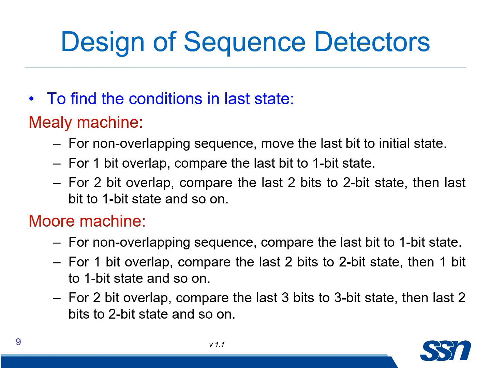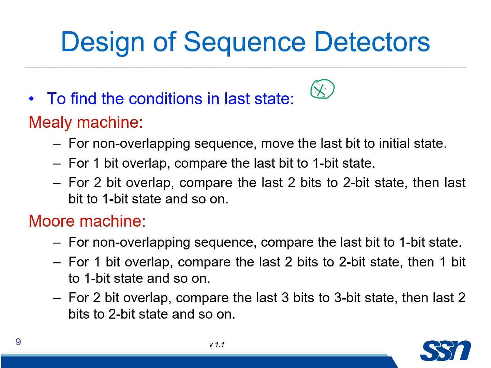Now here we have an important thing: how we move from the final state for each of the input conditions. This is important for you to do the analysis. For a non-overlapping sequence, if I am to detect the sequence 101 in a non-overlapping fashion, we move the last bit to the initial state.